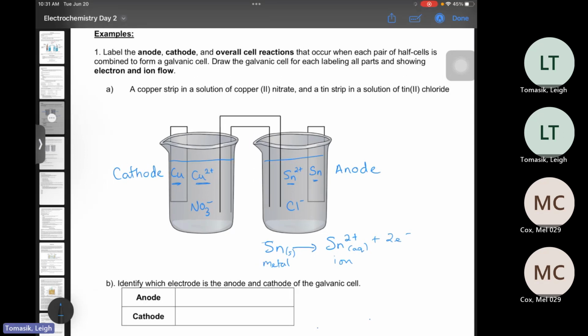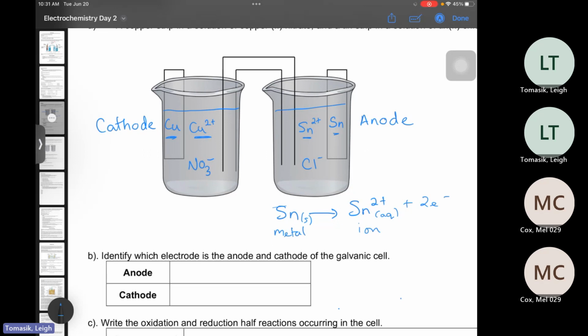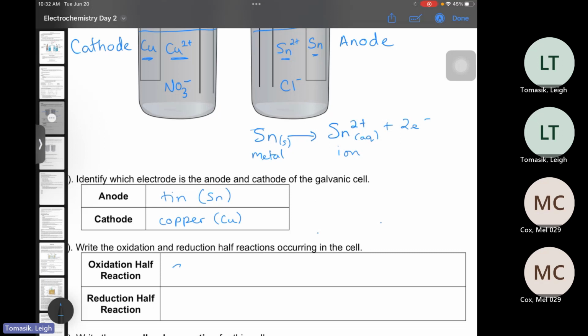What I just wrote there is the anode half reaction. It says identify which electrode is the anode. That's tin. And the cathode is copper. And we can write the half reactions. The oxidation half reaction happens at the anode.